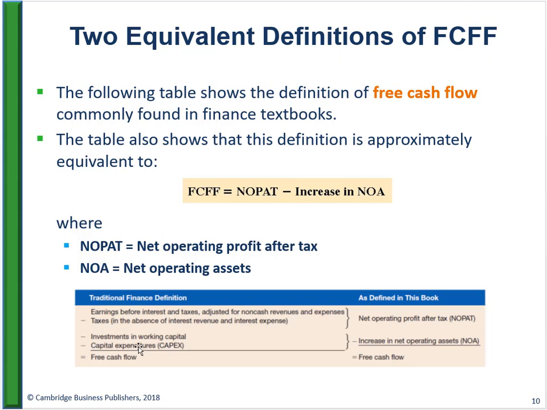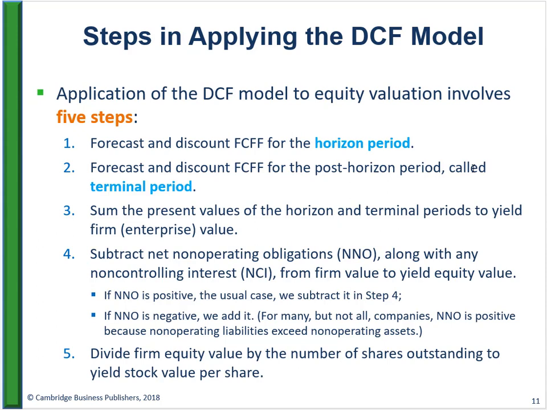So new property, new plant, new equipment, and so on. Those two line items create the increase in net operating assets. And when we know those two things, we can throw them all into this formula to compute our free cash flow to the firm.